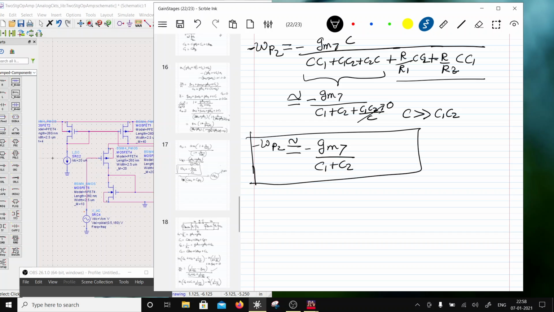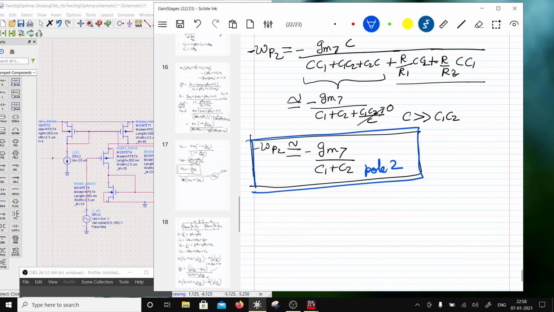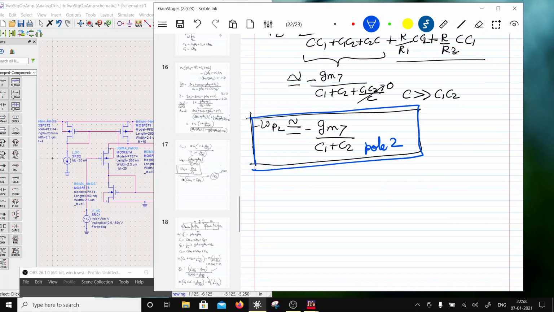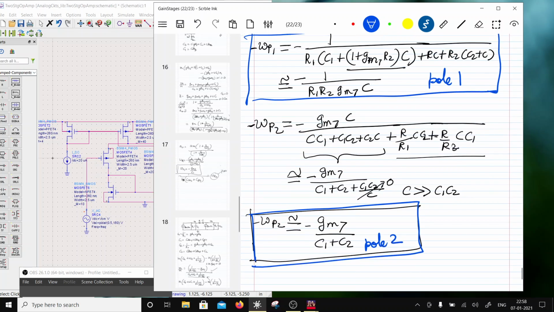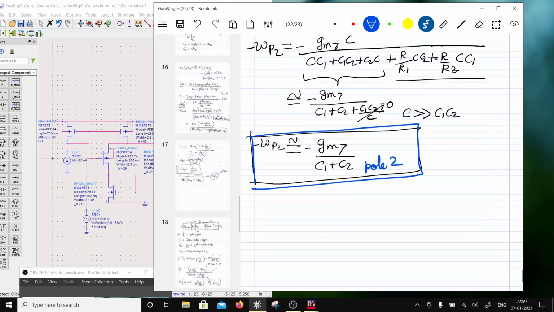Okay, or rather I'll put a blue thing. So this is pole number 2. Pole 2. So I have got pole 1, which is a dominant pole because of the Miller capacitor C, and pole 2, which is going to be the second pole due to the input node, right?